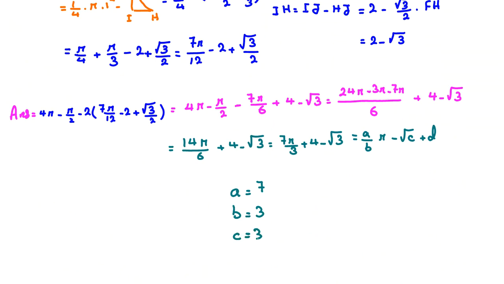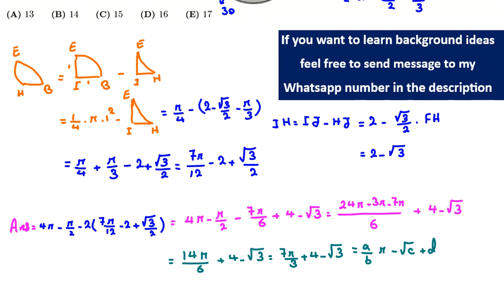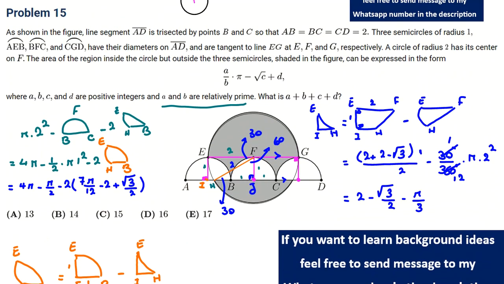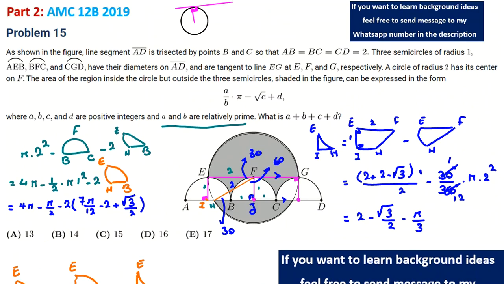C is what? 3. Plus 4 plus d. D is 4. So a plus b plus c plus d equals what? 7 plus 3, 10. 10 plus 3, 13. Plus 4, 17. So the answer is equal to 17. Let's see this equal to which choice? Choice E. Okay.